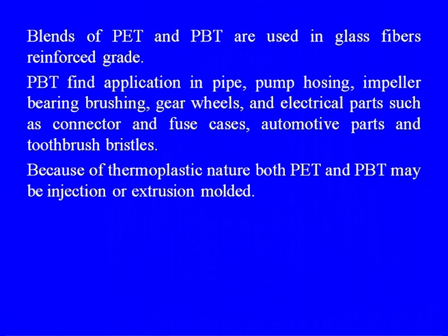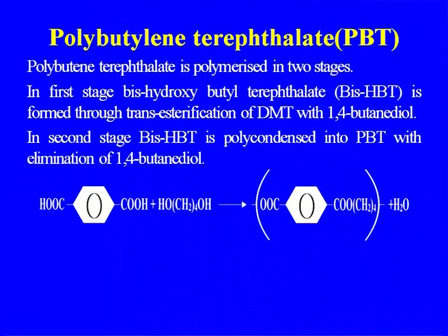Blends of PET and PBT are used as glass fiber reinforced grades. PBT finds application in pipes, pumps, housings, impellers, bearing bushings, gear wheels and electrical parts such as connectors and fuse cases, automotive parts and toothbrush blisters, etc. Because of their thermoplastic nature, both PET and PBT may be processed by injection or extrusion molding. This is the reaction taking place in the case of polybutylene terephthalate.